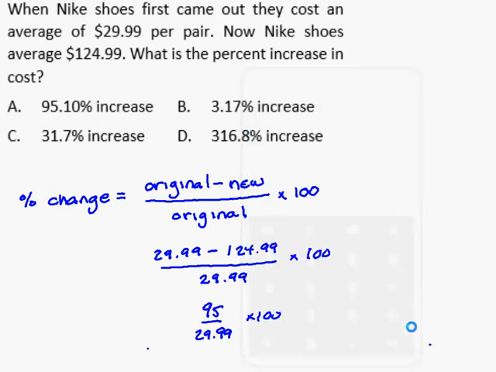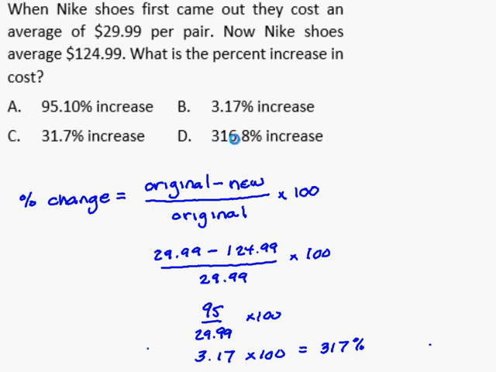So over here, this is equivalent to 3.17. And when it gets multiplied times 100, it becomes 317%. So which of these answers is closest to 317%? Well, 3.17 looks like it's pretty close. 31.7 looks pretty close.